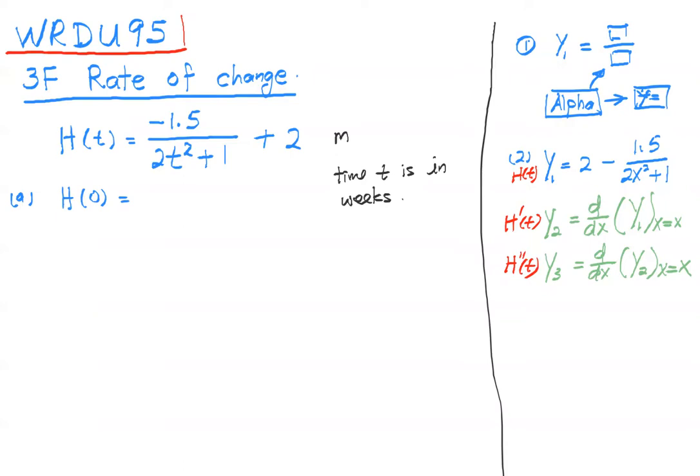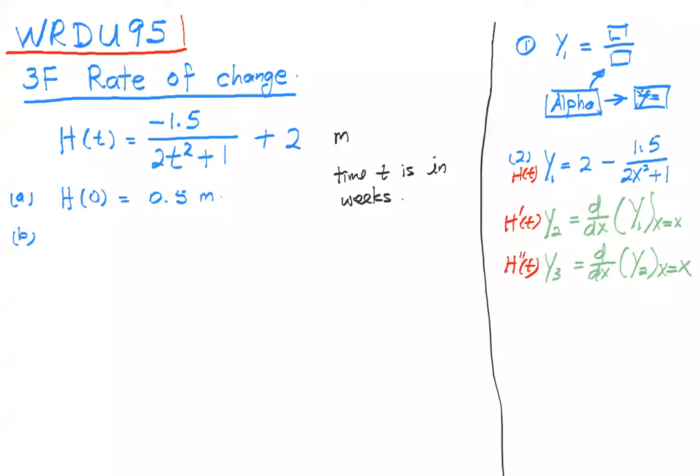Okay, for part B, part 1. t equal to 1 week. So I have no issue. I put H(1). So what is the answer? 1.67, 3 significant figures, okay?